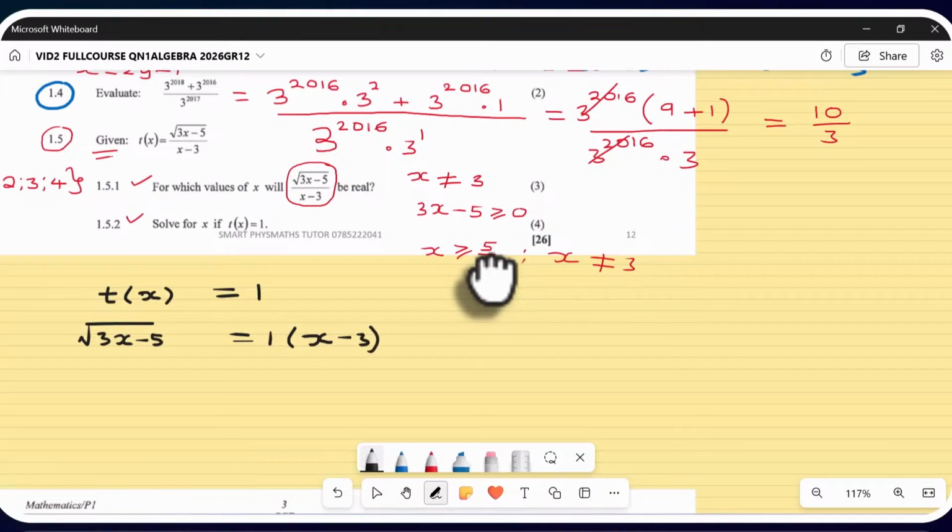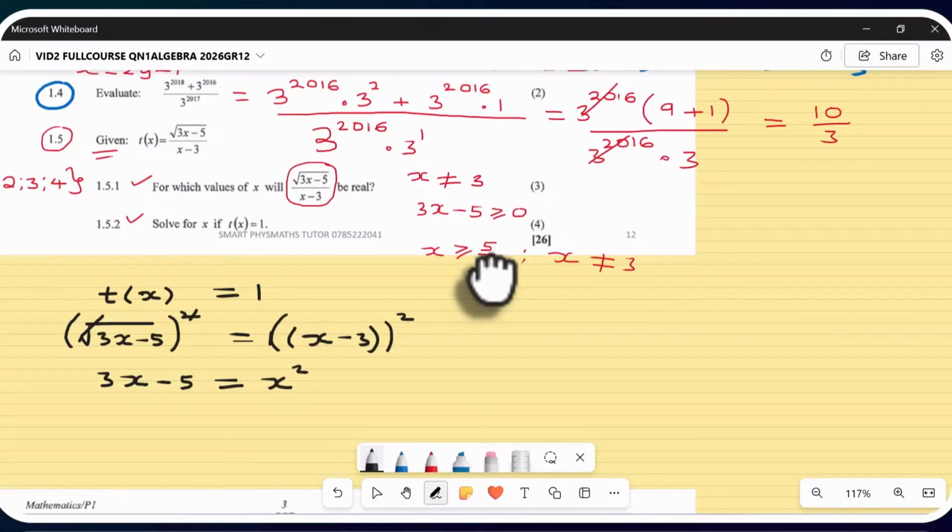Meaning either, like we said before, x equals 7, positive, or x equals 2.